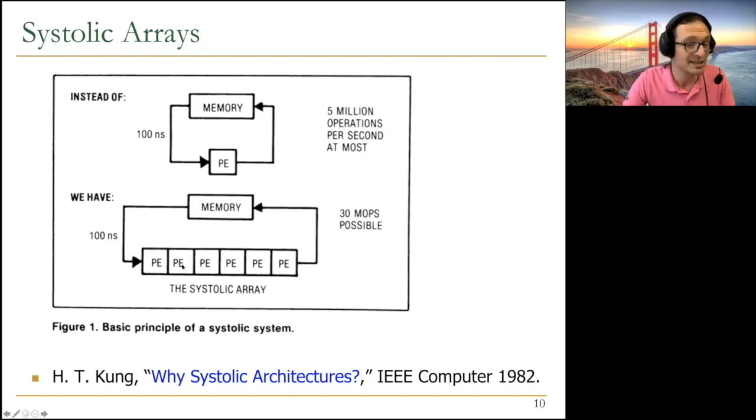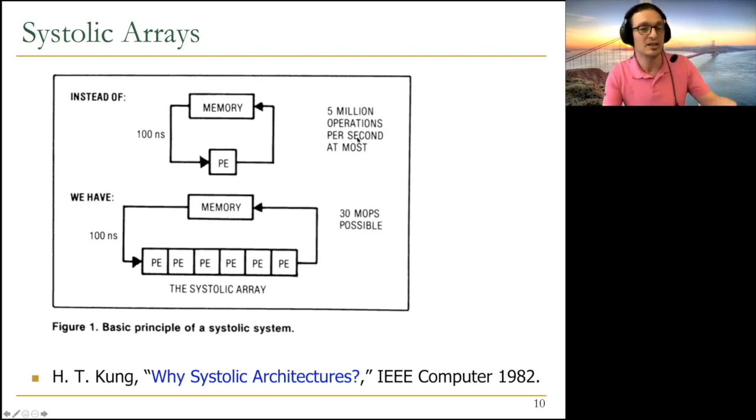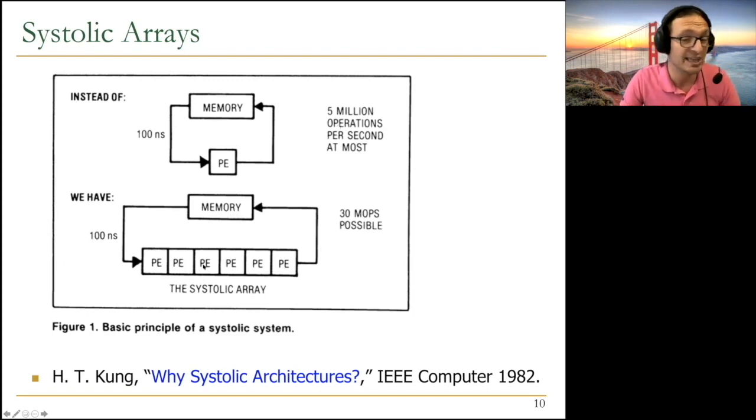This processing element does something to it, passes it on to the next processing element, etc., etc. And you can see that the benefit over here is 30 million operations at that time, as opposed to 5 million operations, because you're basically using the data item 6 times, let's say, as opposed to going to memory 6 times for the same data item or transformed version of the data item. So that's the basic principle, to maximize the usage of a data item.